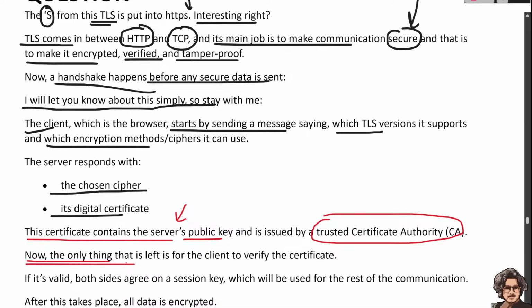Now the only thing left is for the client to verify this certificate. So first the server sends the chosen cipher, and the digital certificate is authorized by the biggest operators, that is the CA. And now the client verifies that certificate.